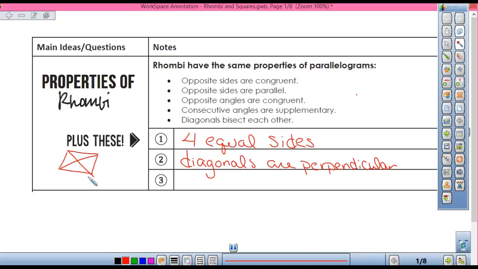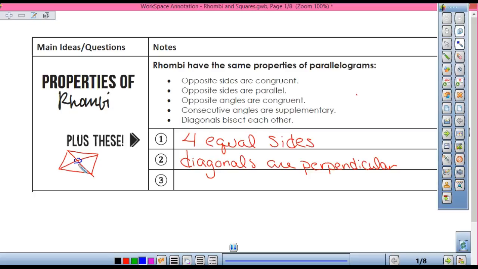No, intersecting is not it, that's bisecting each other. Yeah, they intersect to form 90-degree angles. So if they're perpendicular, it means that all 4 of these angles in here are 90 degrees. That's something we've been talking about all year long now.